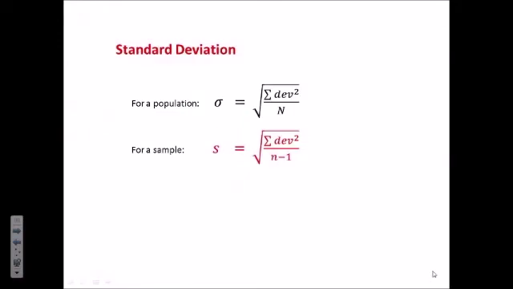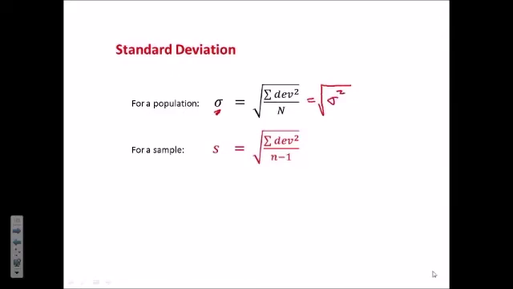For a population, the standard deviation, sigma, is the square root of the sum of the squared deviations over the population size, or the square root of sigma squared. That's the variance.